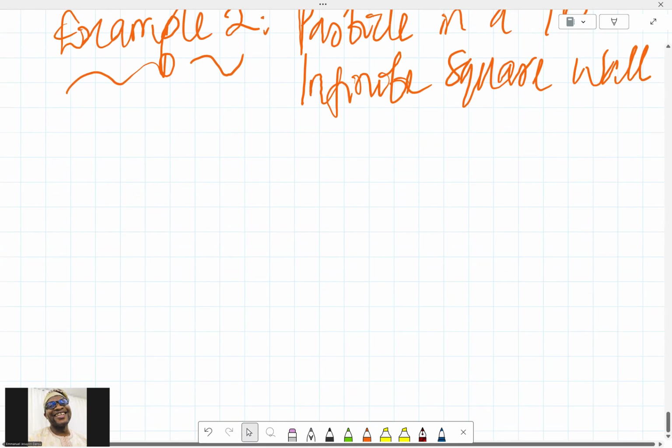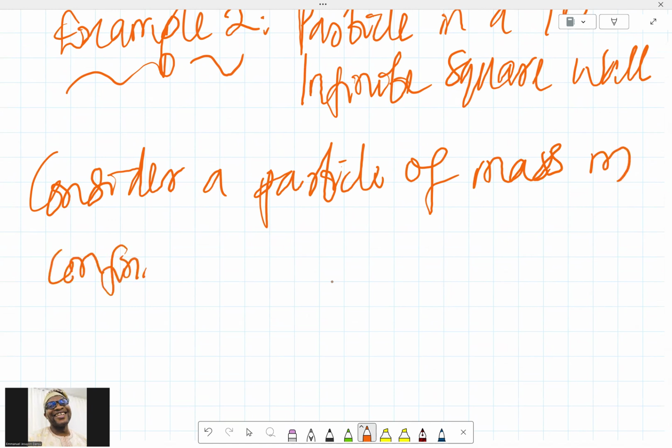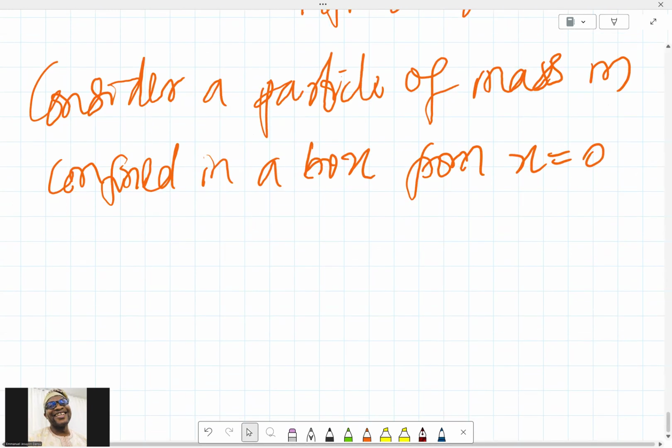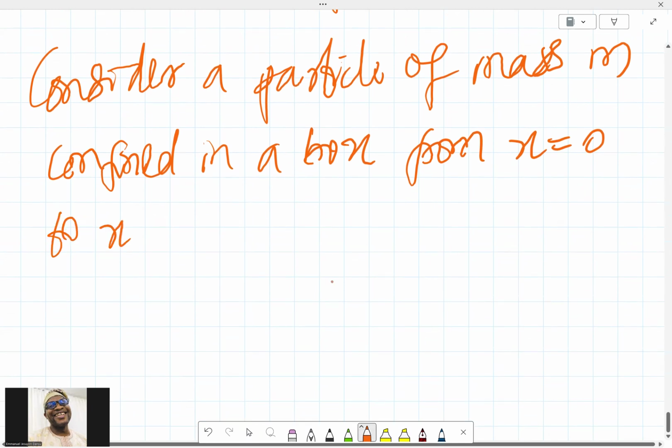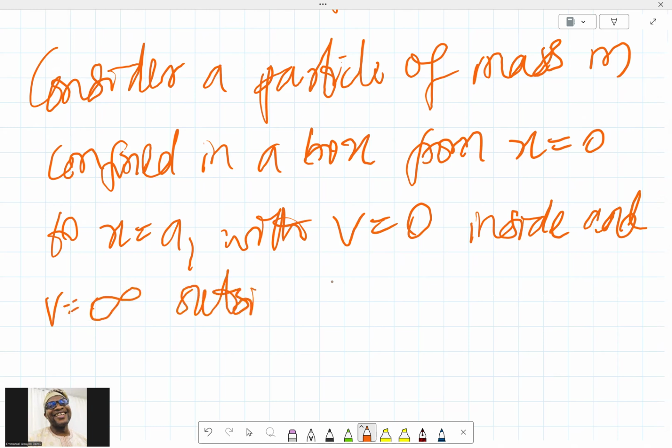That's example 2. So consider a particle of mass m confined in a box from x equals 0 to x equals a with V equals 0 inside and V equals infinity outside.